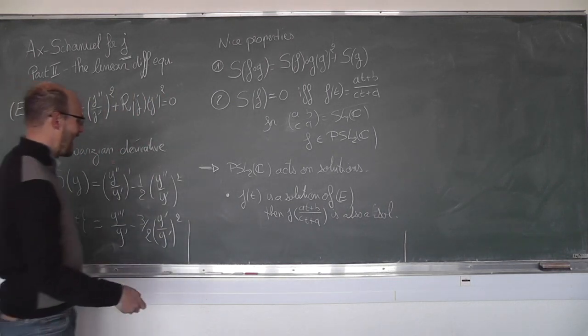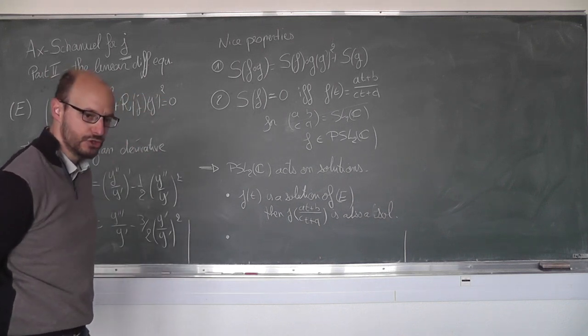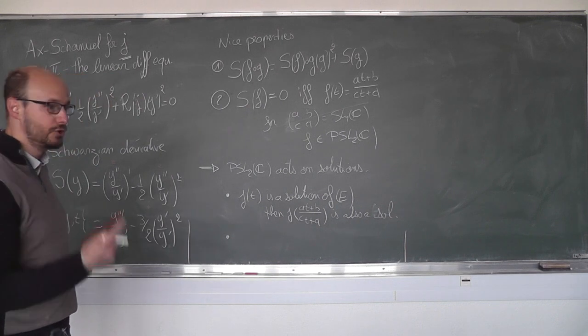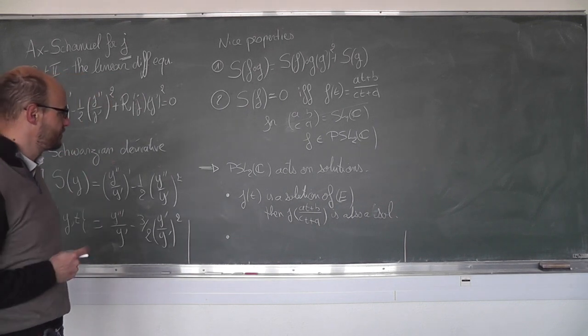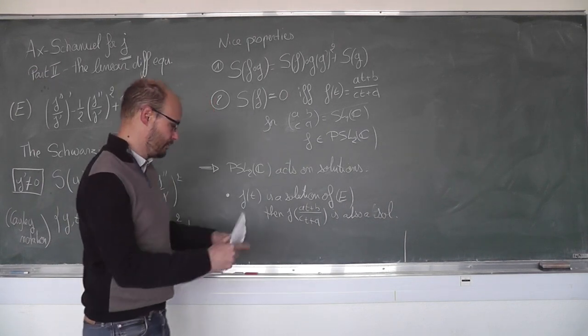So the set of solutions is a principal homogeneous space, in the sense that if you take two solutions, you have always one homography, one element f, to go from one solution to another one.